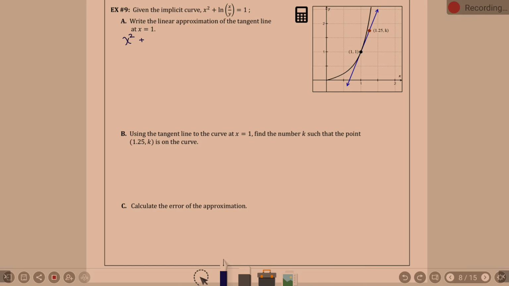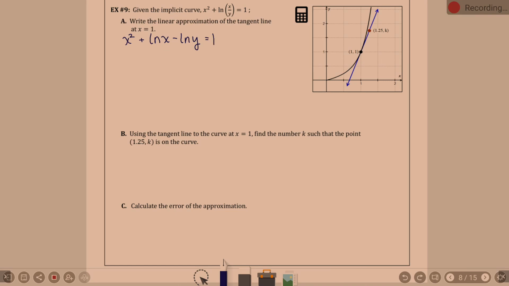Because as it is right now, you'd have to do the derivative of natural log of x over y. So that's 1 over x over y times the quotient rule of x over y. Whereas here, if we catch it, we can just rewrite this as natural log of x minus natural log of y. That makes life a little bit better.